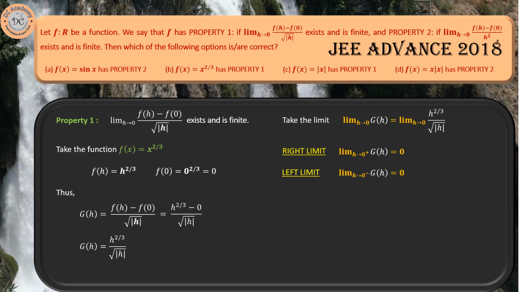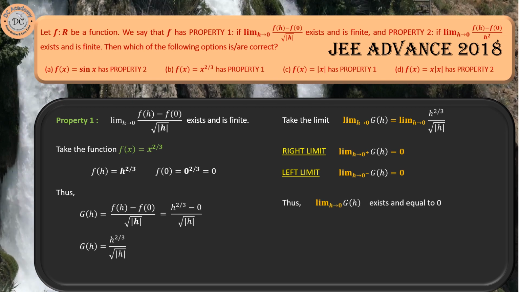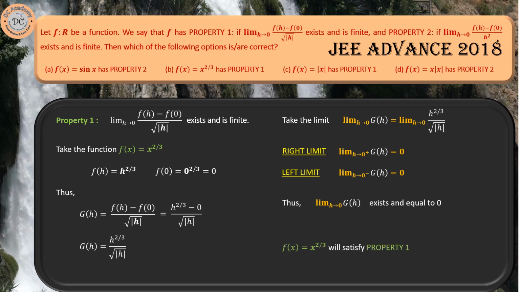Obviously for the function f(x) equal to x to the power 2 by 3, the left limit and right limit are equal based on that property 1, or maybe we want to say that limit h tends to 0 of g(h) exists and is finite. So that's why we'll say that f(x) equal to x to the power 2 by 3 will satisfy property number 1, and that's why option B is the correct option.